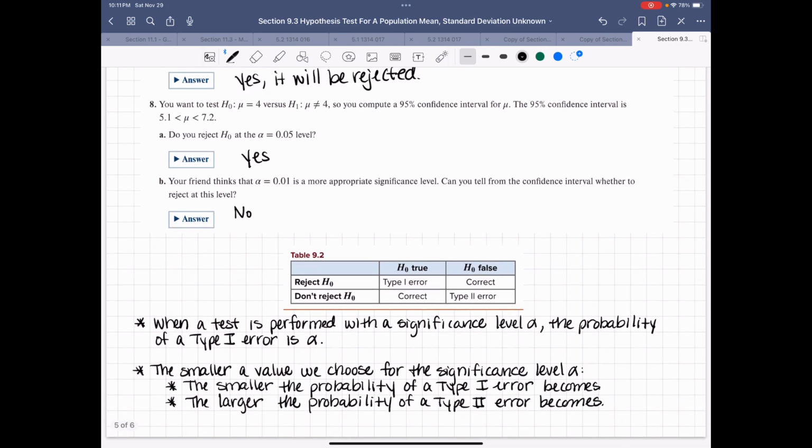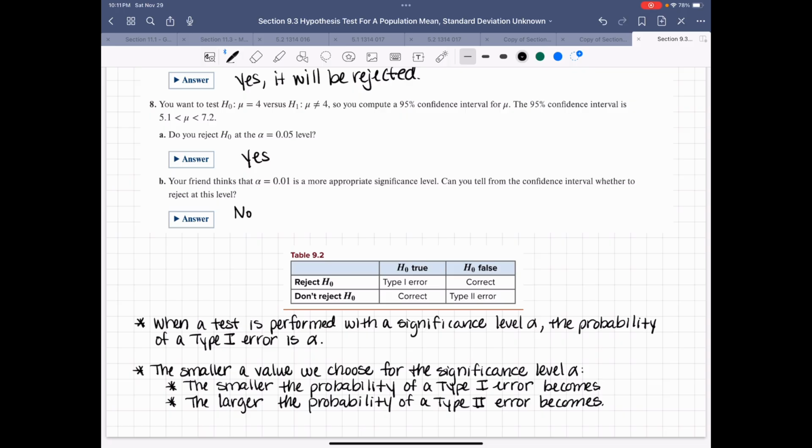The little chart right here, table 9.2, is just to remind you what a type 1 error is and a type 2 error. If we reject the null hypothesis, but it was actually true, that is a type 1 error. That is the most serious type of error there is. When a test is performed with a significance level alpha, the probability of a type 1 error is alpha.